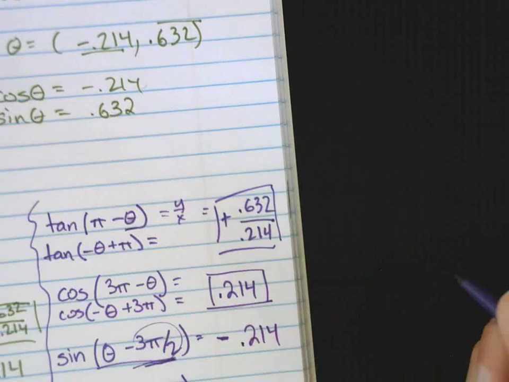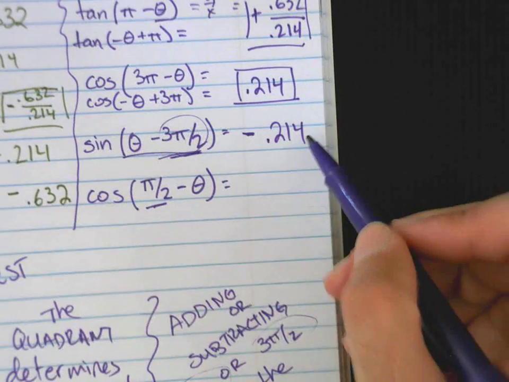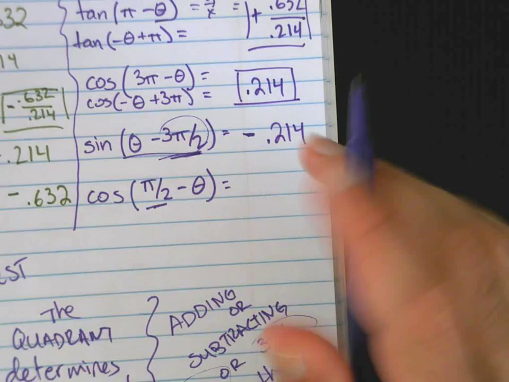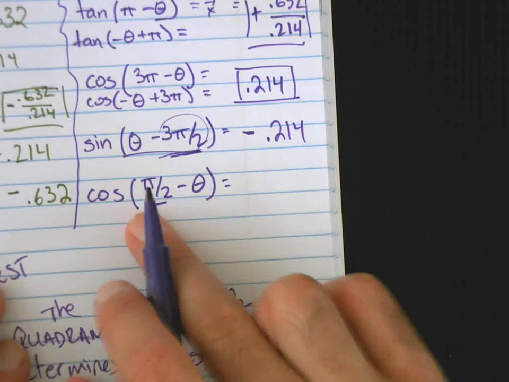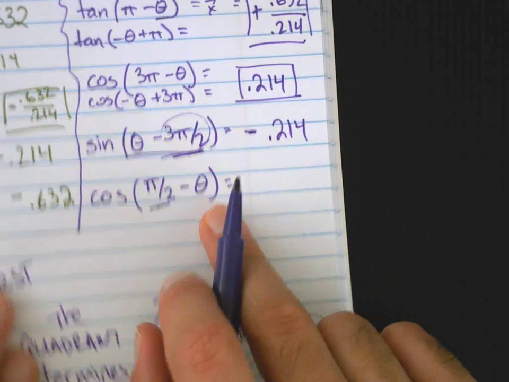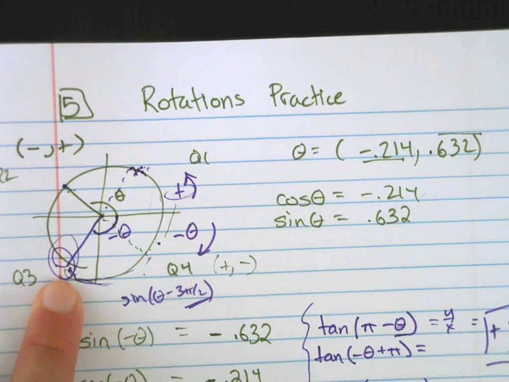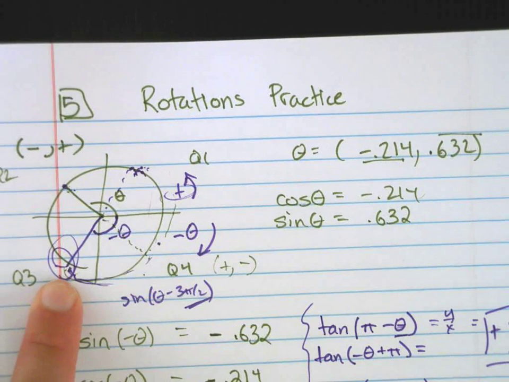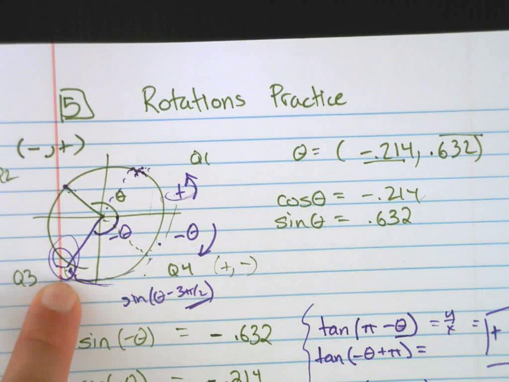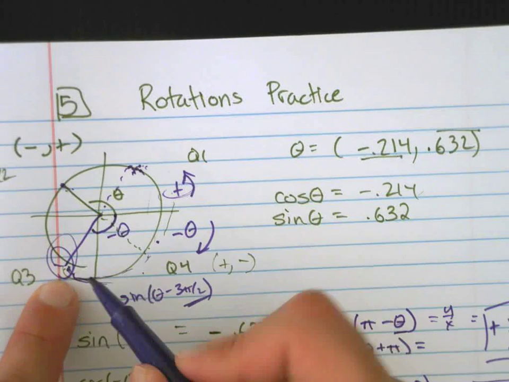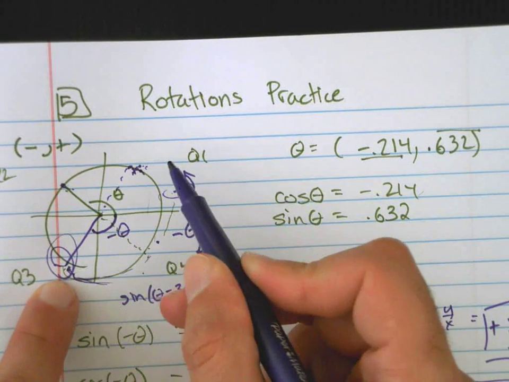Okay, so let's do this one now too, cosine of pi over 2 minus theta. So we're starting at minus theta. And it's again cosine of pi over 2 minus theta. So I'm starting there and I'm adding. If I'm adding, I'm going this direction. So I'm adding just one quadrant. So I'm going to be somewhere over here. It doesn't matter where. Is cosine positive or negative there?